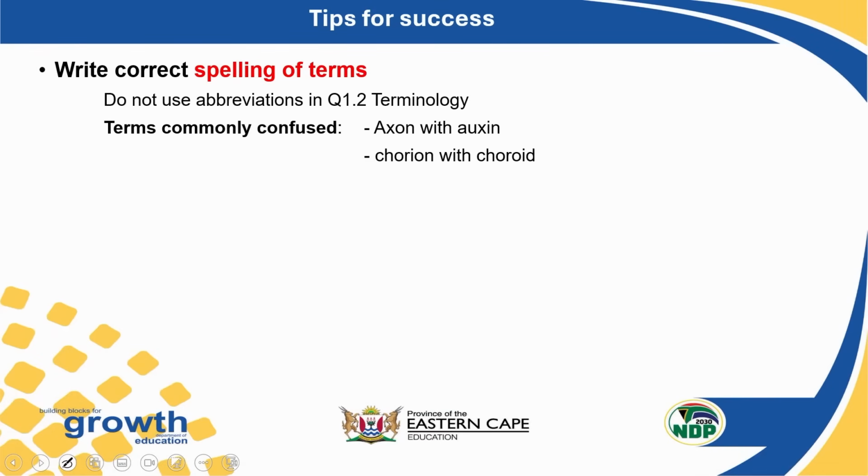Chorion and choroid are another 2 words that are mixed up, as well as glucagon and glycogen. Very often people are writing "glycagon", which is a mixture of those 2 words, and then you get it wrong straight away. Blastocyte and blastocyst: know which is which.